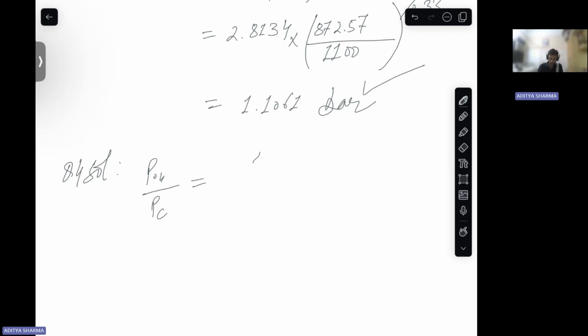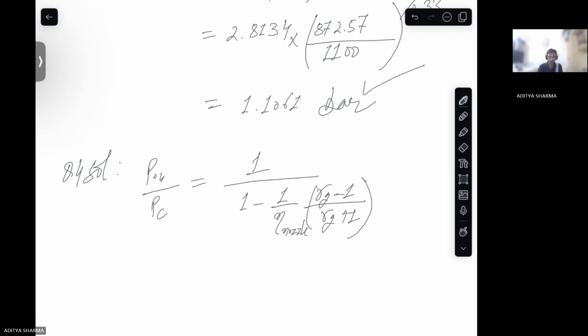Critical nozzle pressure ratio is P04 by PC, which is equal to 1 by (1 minus 1 by nozzle efficiency, then gamma G minus 1 by gamma G plus 1) raised to power gamma G by gamma G minus 1.